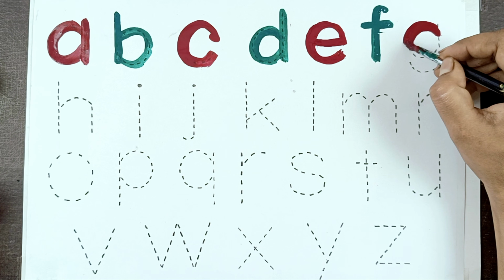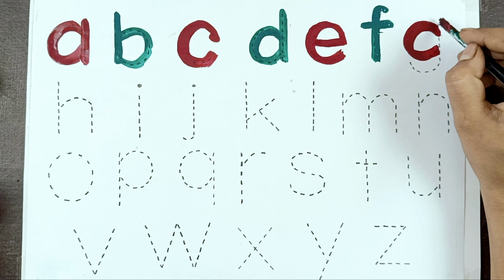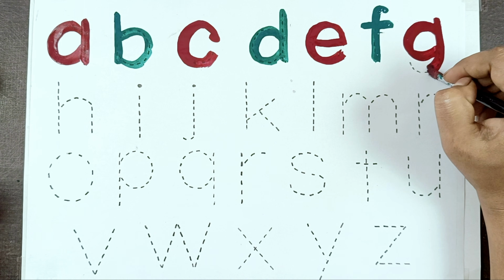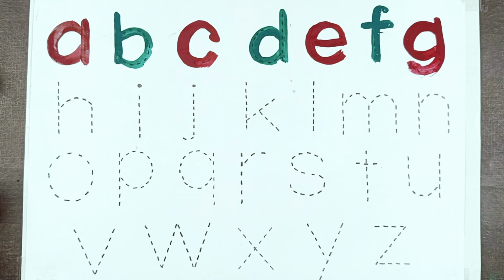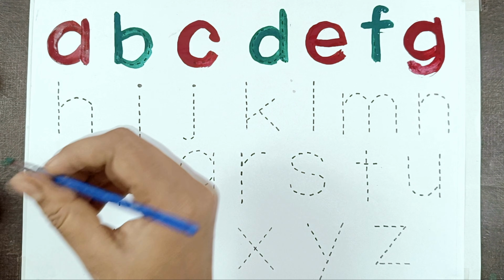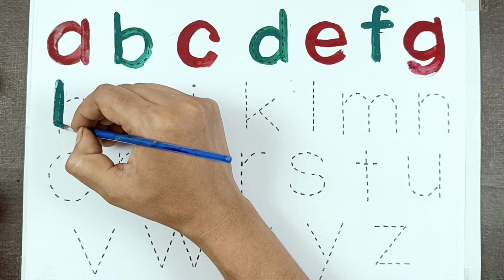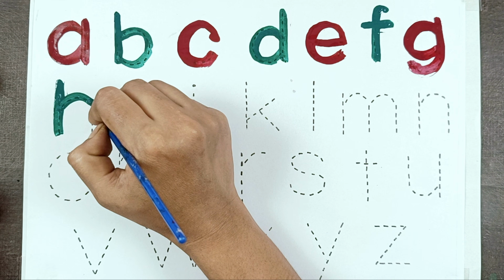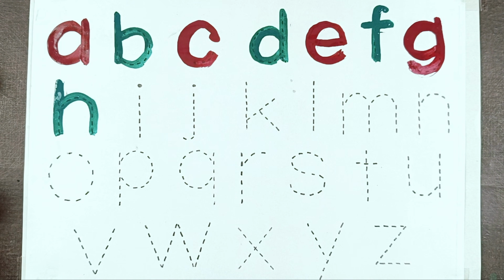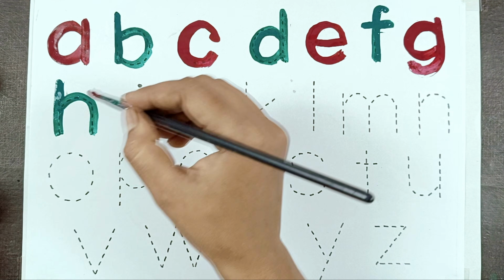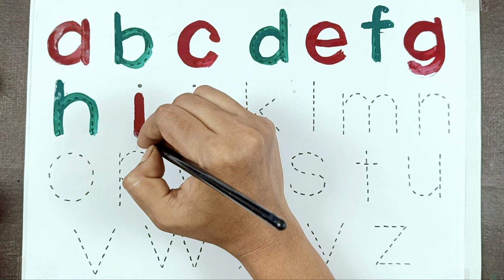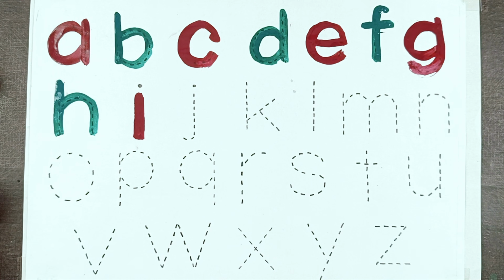G is for grandfather. H is for house. I is for eyes.